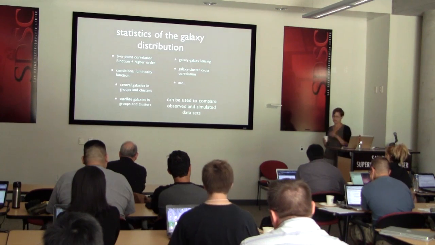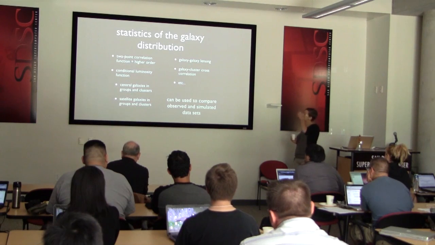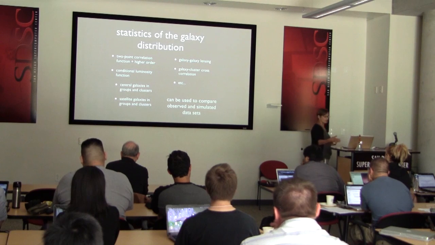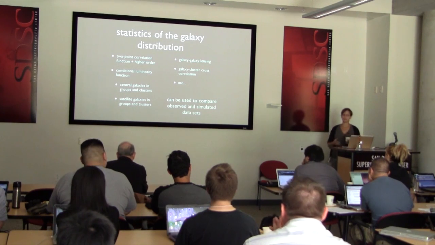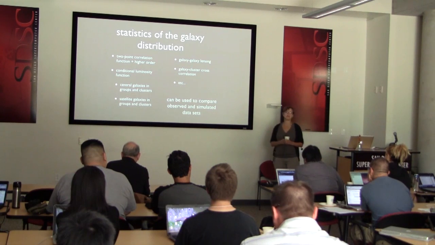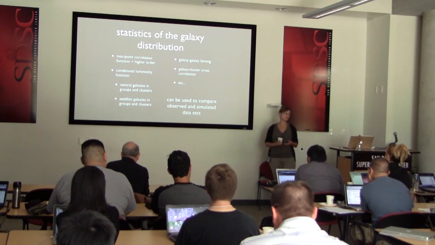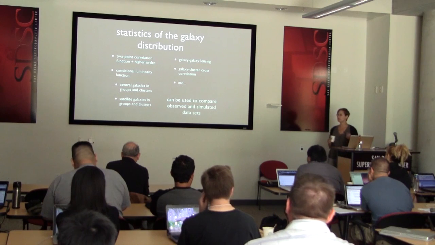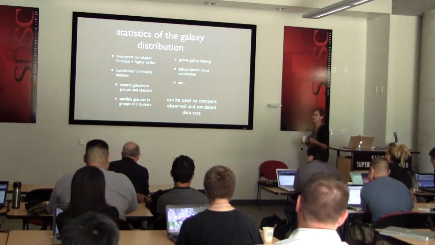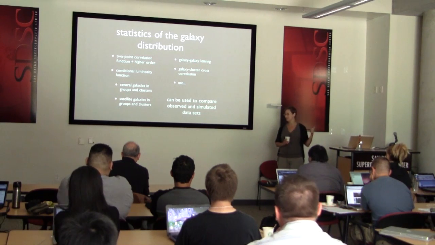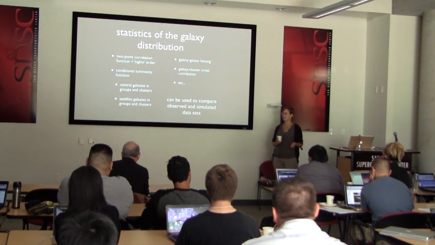So first, let me just remind you of the galaxy statistics we're talking about. I think the fundamental thing is that any galaxy catalog that you create, we now have enough data from a variety of surveys to really test in detail whether these models work. Now, the most basic tests of those things are just, for example, looking at, does it have the right luminosity function? Does that luminosity function evolve in the right way?